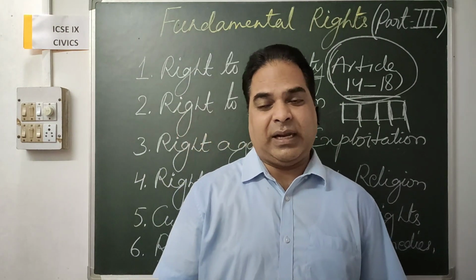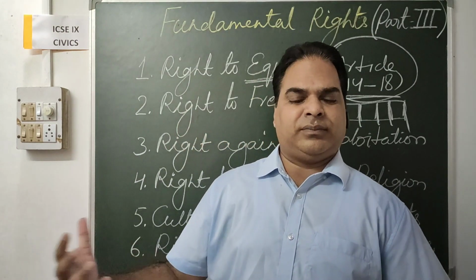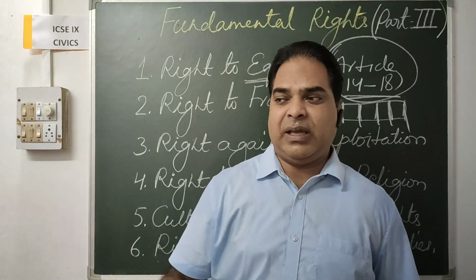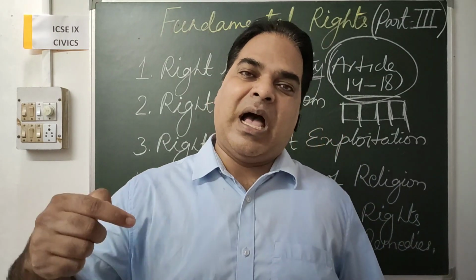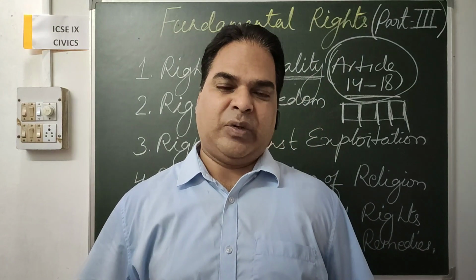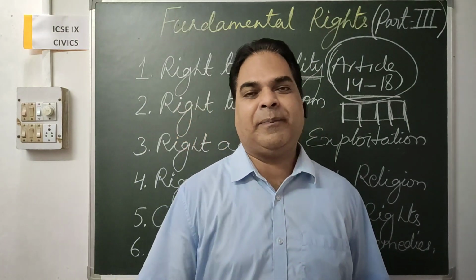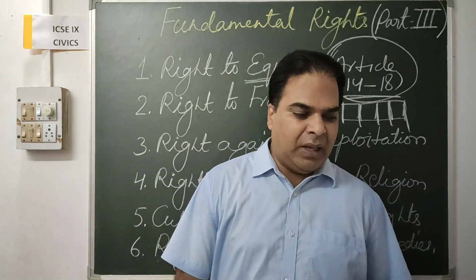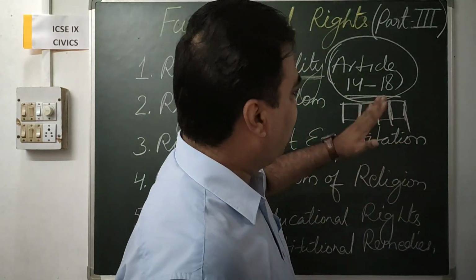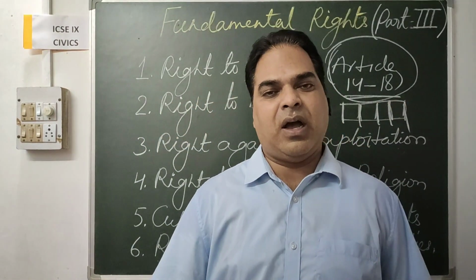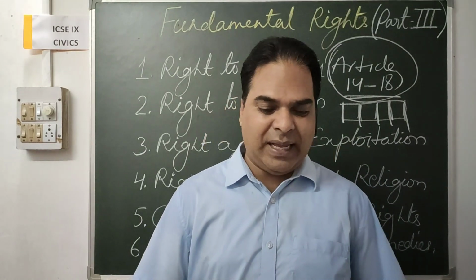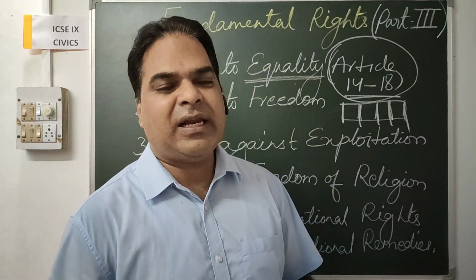If I do this type of thing, my dear, and the person complains to the police station, I will be arrested, because I went against the constitution, which did not allow me. So that is all about article number 17, abolition of untouchability. And the last one, article number 18.